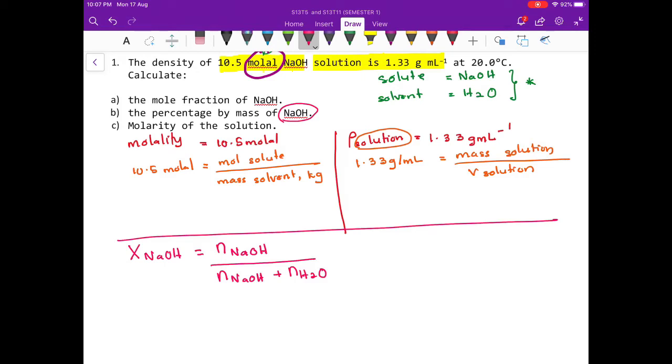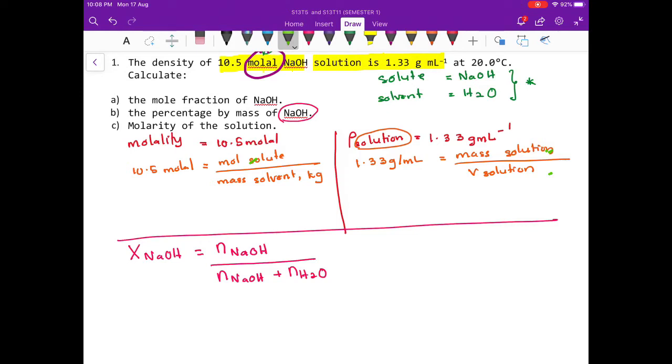How to determine the number of mole sodium hydroxide? Sodium hydroxide is our solute, and based on the information that we have, mole solute, mass solvent, mass solution, volume solution, we have 4 unknowns. We cannot solve the problem because we have 4 unknowns. So how to solve the problem?